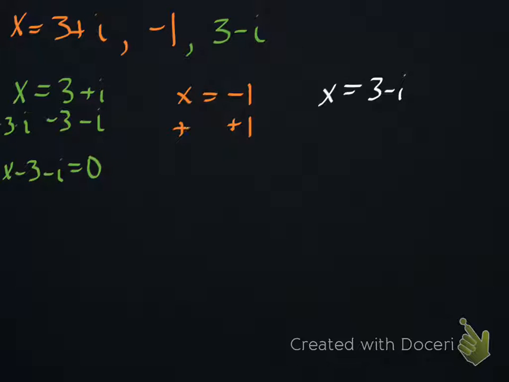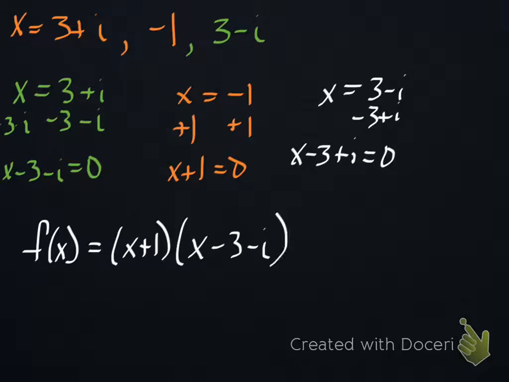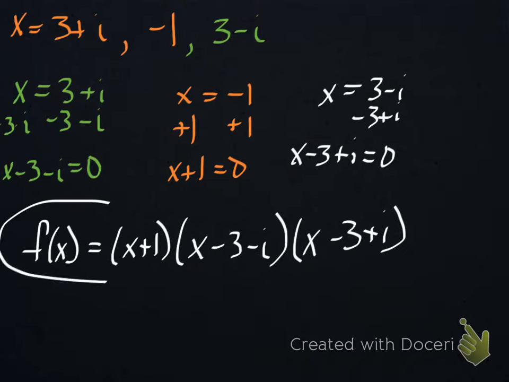I need to add 1 to both sides. x plus 1 equals 0. And I need to subtract 3 and add i. So x minus 3 plus i equals 0. And so f of x is equal to x plus 1, x minus 3 minus i, x minus 3 plus i. And that's it in factored form.